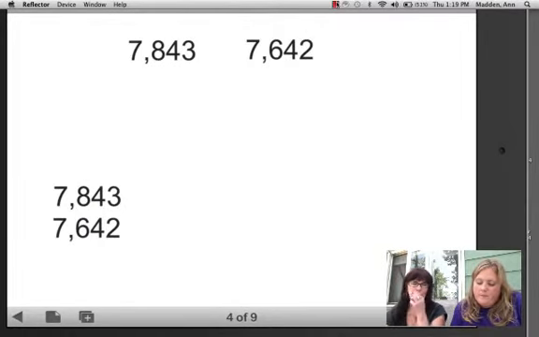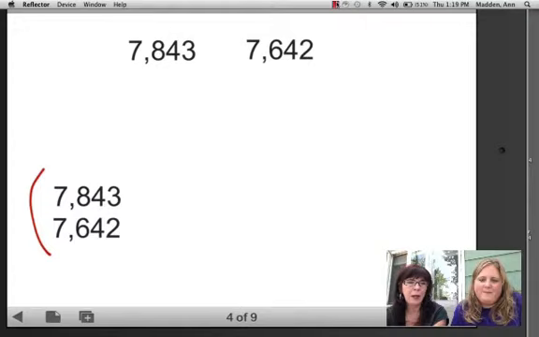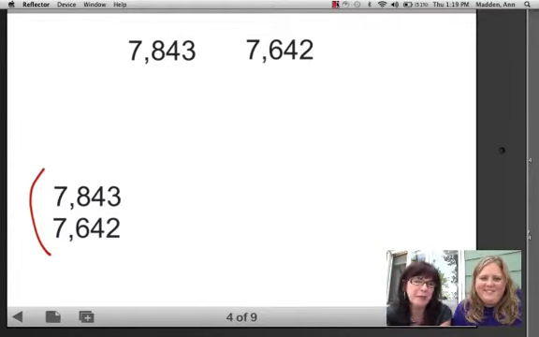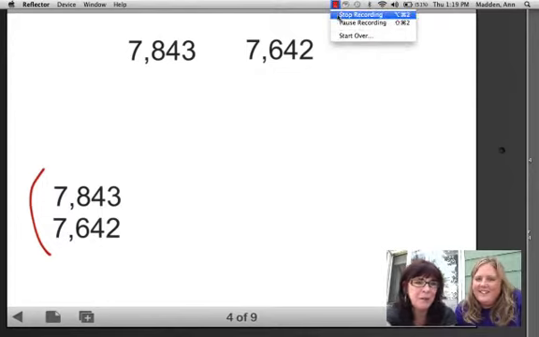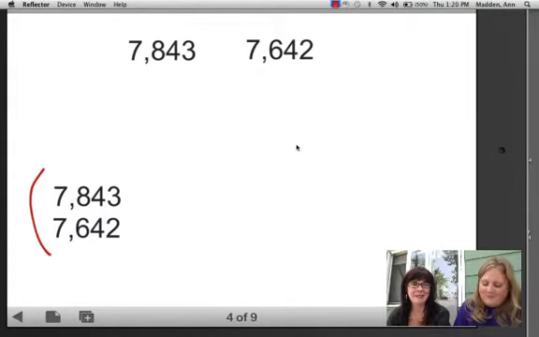Okay, again, our next example, we have 7,843 and 7,642. We have placed them on top of each other. And I'm going to start from the left and work my way to the right. First column. Okay, 7 and 7 are equal.